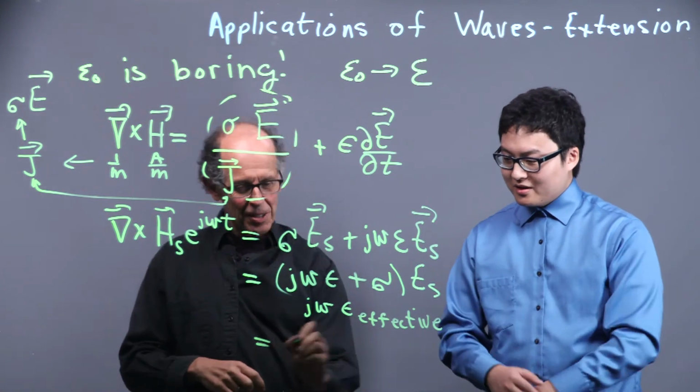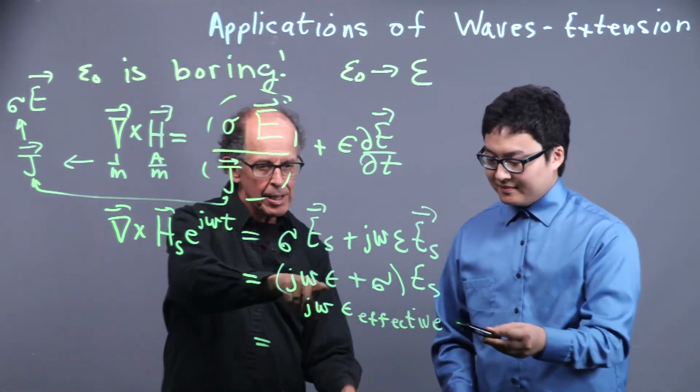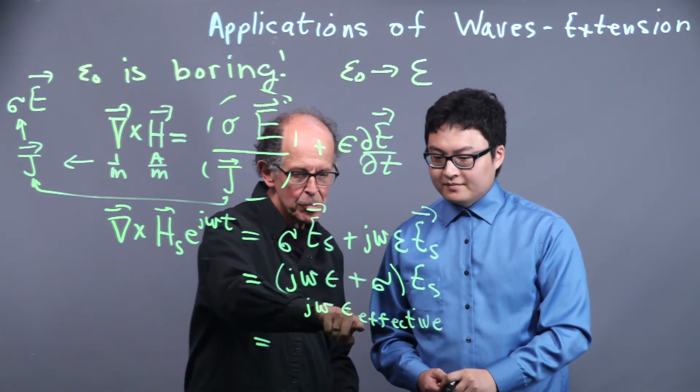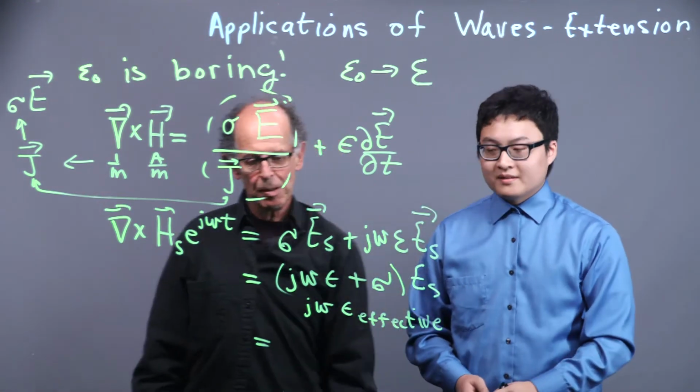Let's try to equate them. Shall we factor out a j omega here, combine, and then see what that is? Then you can write the answer up there.